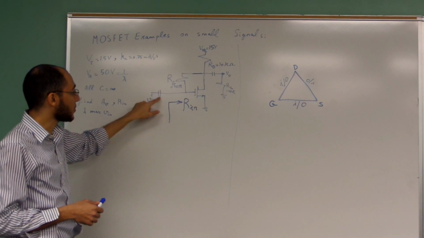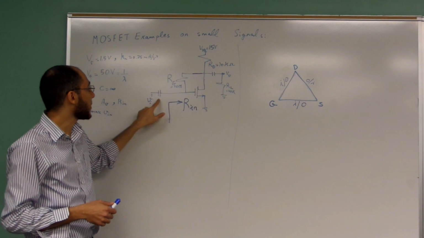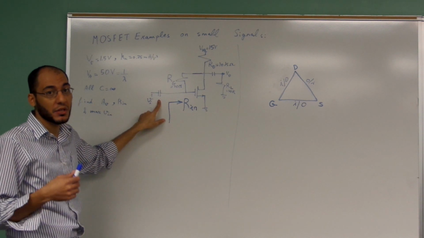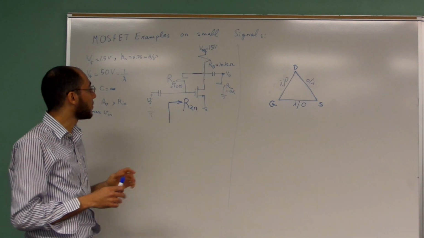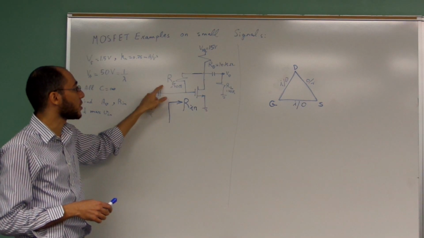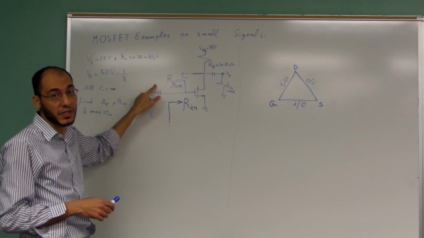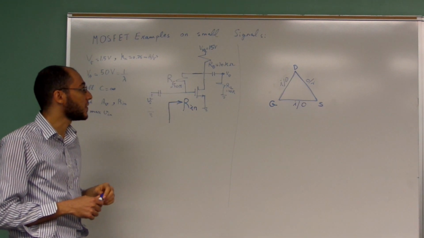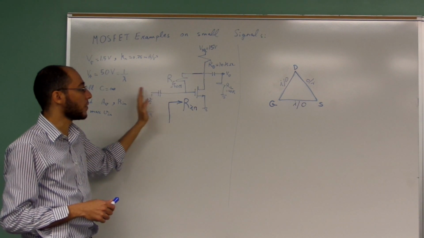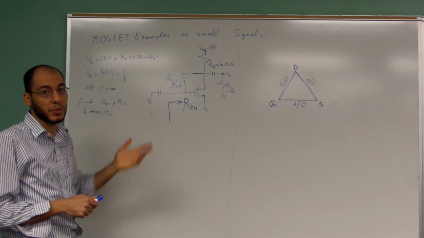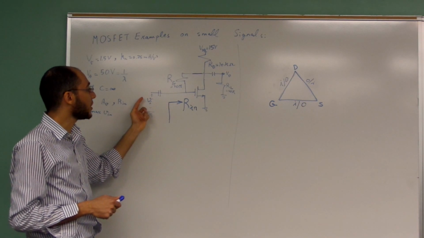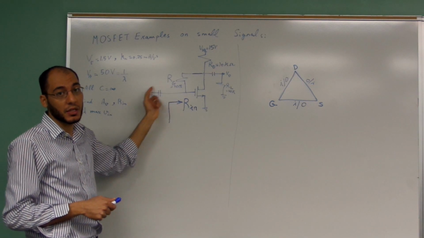You might be asking, why do we have these capacitors? These capacitors are assumed to be large, and their role is to block the DC. So they act as a short circuit in case of AC, and as an open circuit in case of DC. They are basically called coupling capacitors. If you have a DC supply from here, only the AC is going to pass.